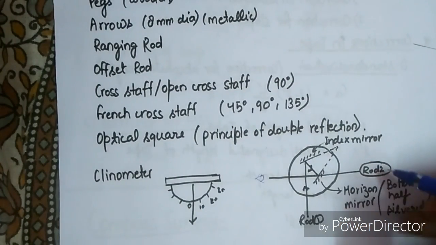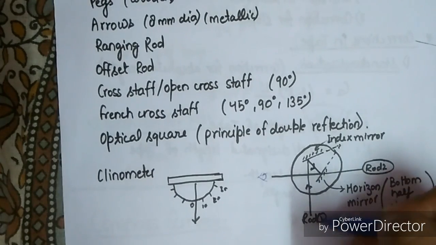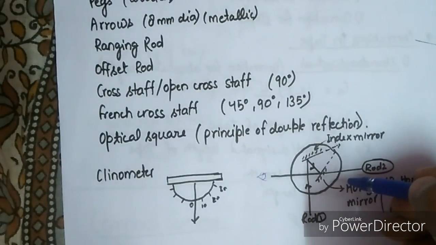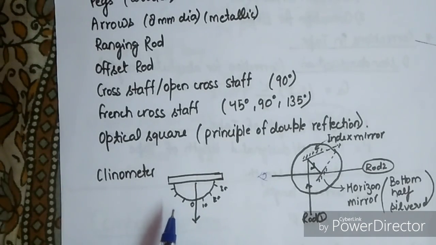Through this, rod 2 is in the straight forward direction, and at 90 degrees we have rod 1, and we can watch that rod 2 and rod 1 are visible simultaneously at this point. Next is our clinometer, which is used to measure the vertical angle or slope of the ground.